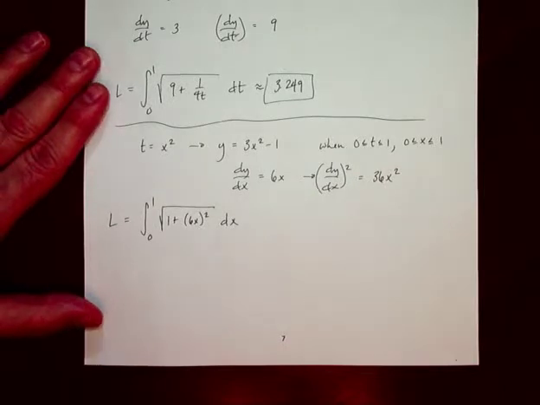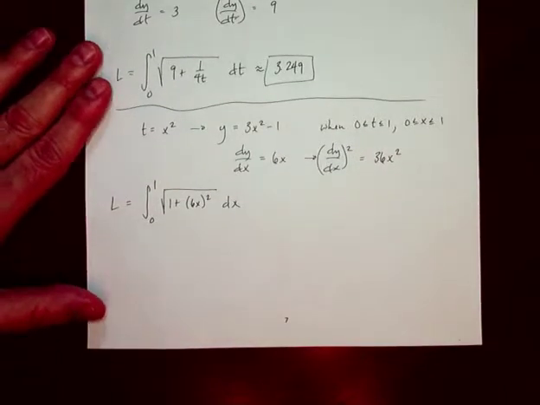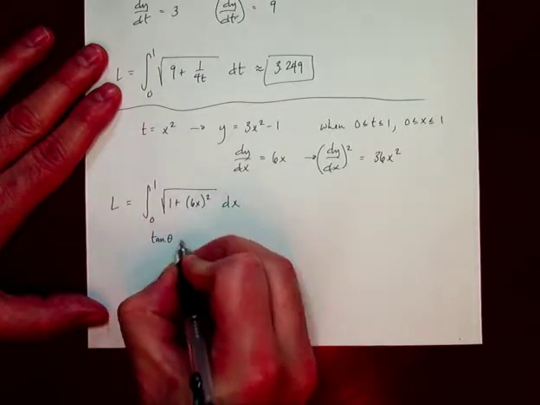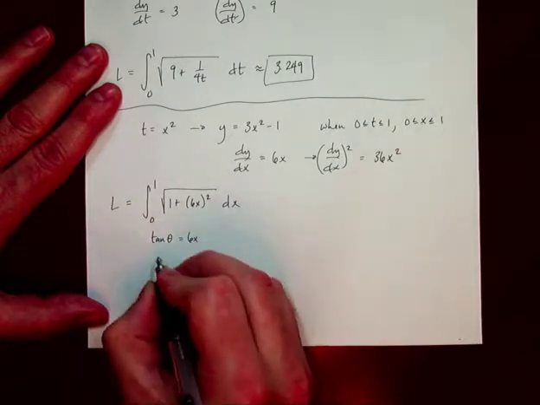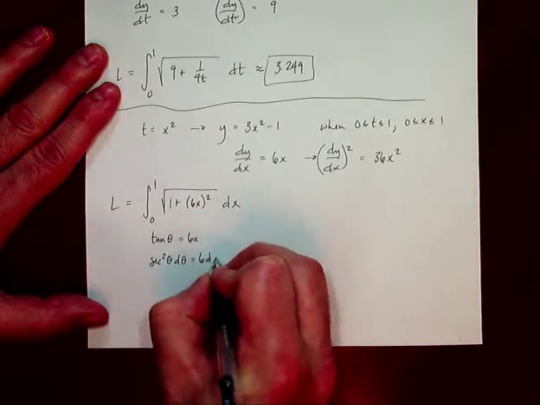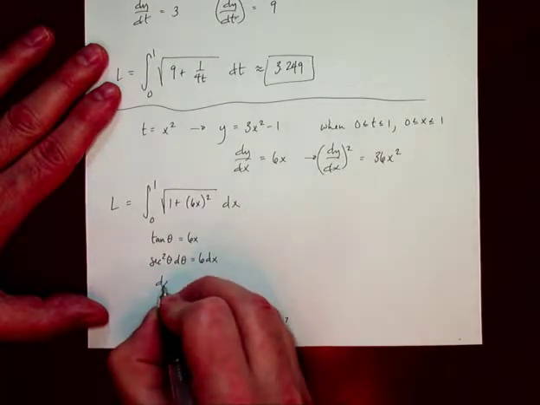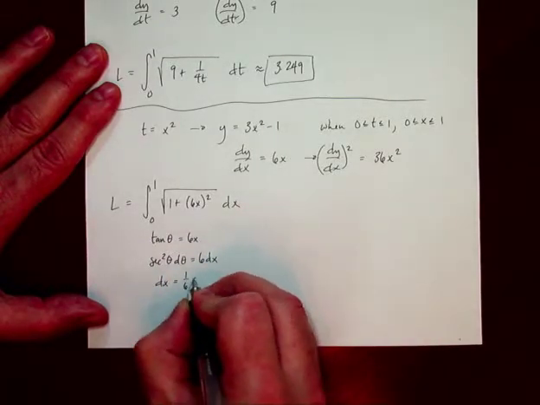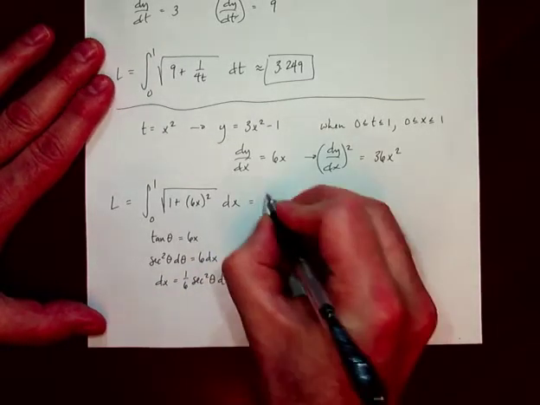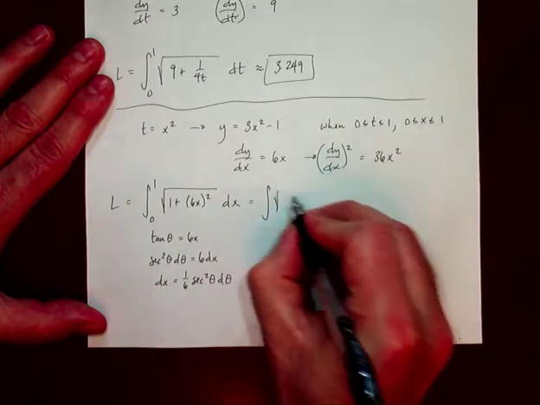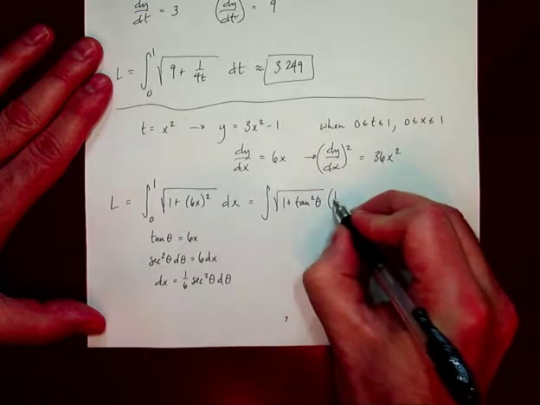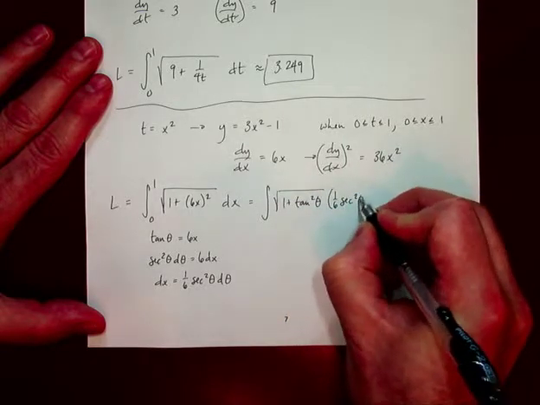Now, basically, in order to do this by rectangular, you're going to have to do some trig sub. So if you have tangent theta is equal to 6x, that means secant squared theta d theta is equal to 6 dx, and therefore dx is equal to 1/6 secant squared theta d theta. That means that this is transformed into 1 plus tangent squared theta times 1/6 secant squared theta d theta.